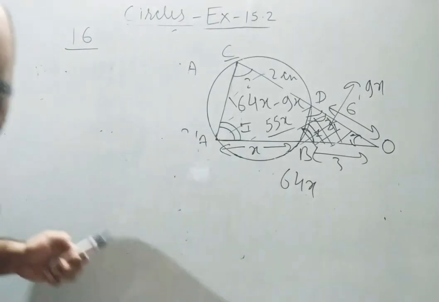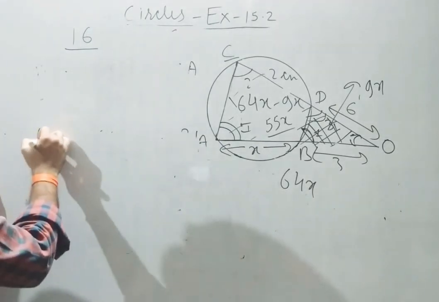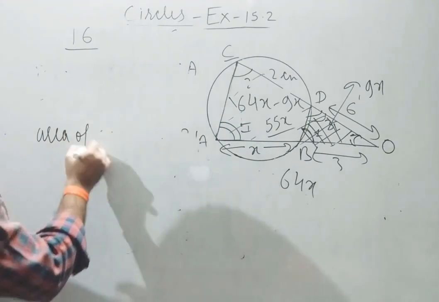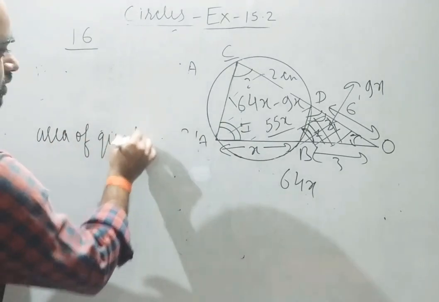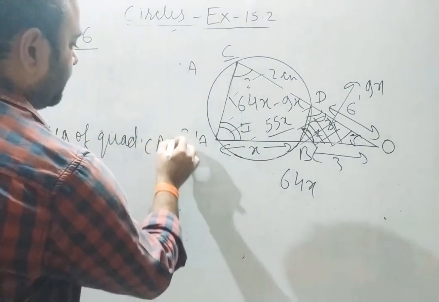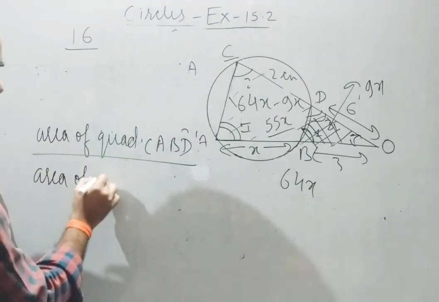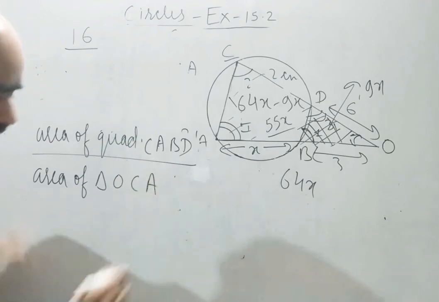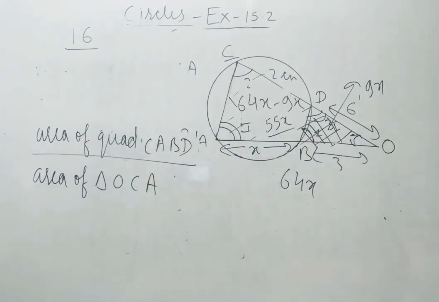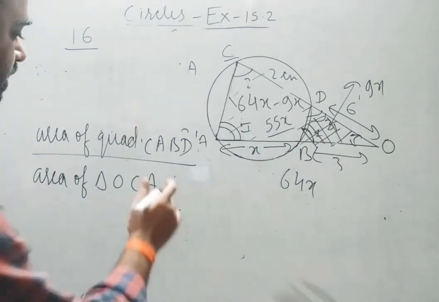See, the ratio is area of quadrilateral CABD upon area of triangle OCA. This one, I think. CABD upon OAC.